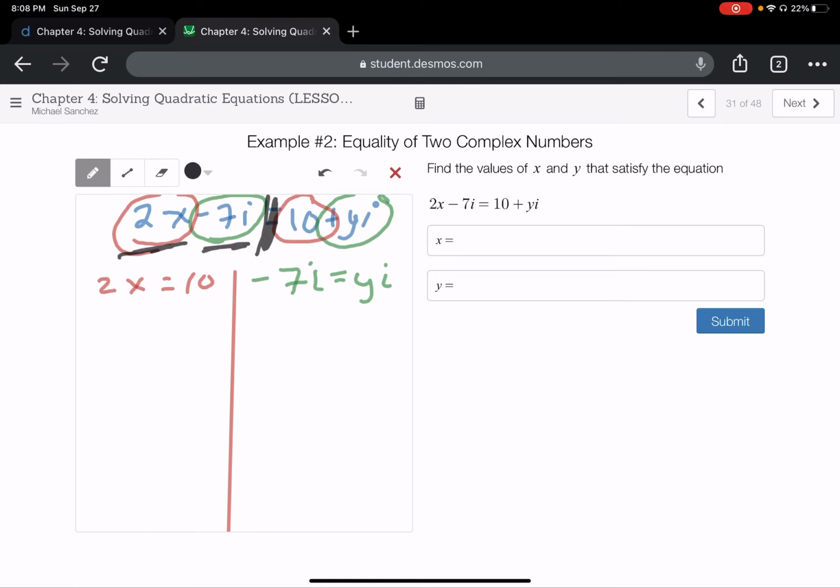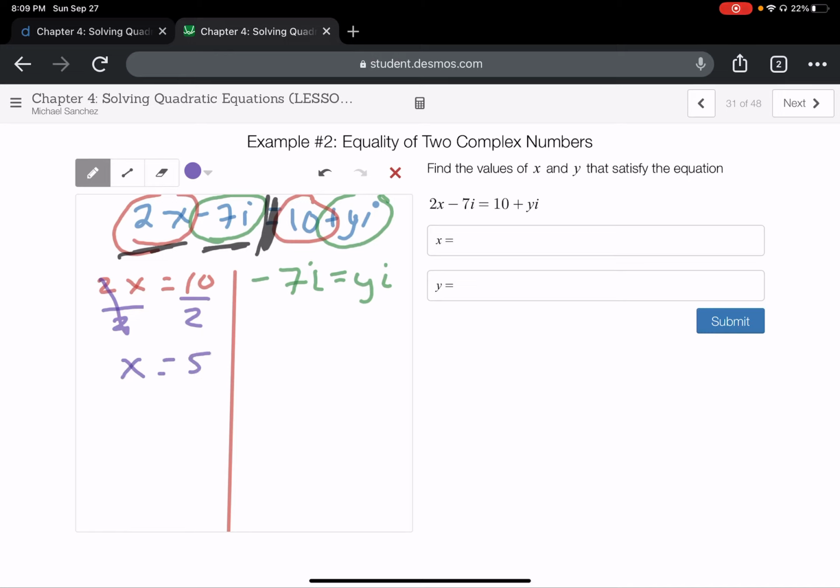Okay, and now all I have to do is solve for each of our variables. If I start with my real part, 2x is equal to 10. To solve for x, I need to remove the 2, so I have to divide. Then I would get x is equal to 5.